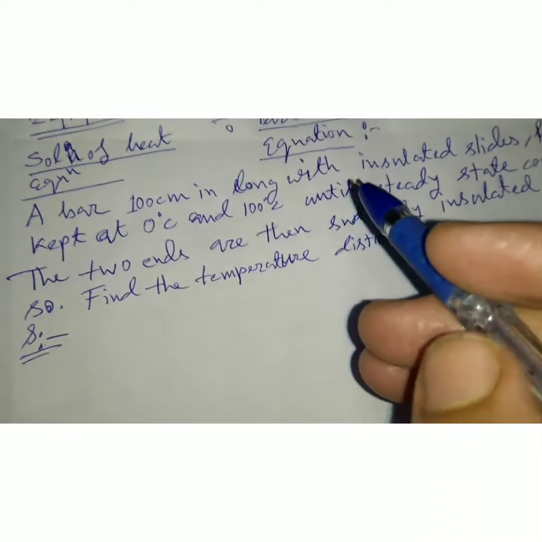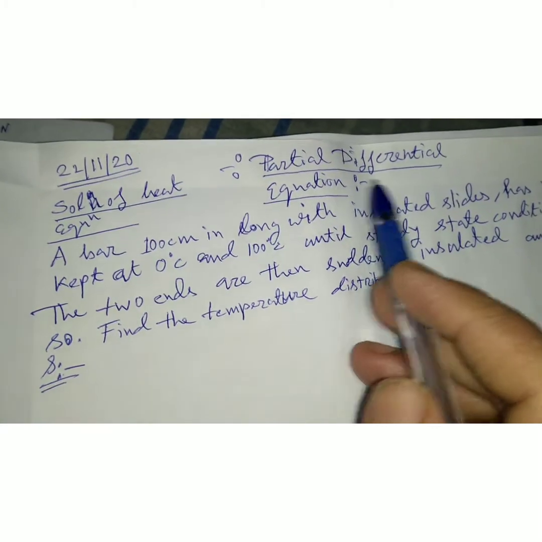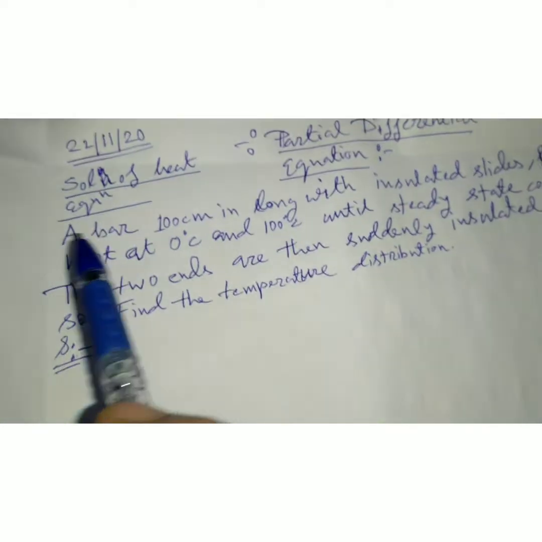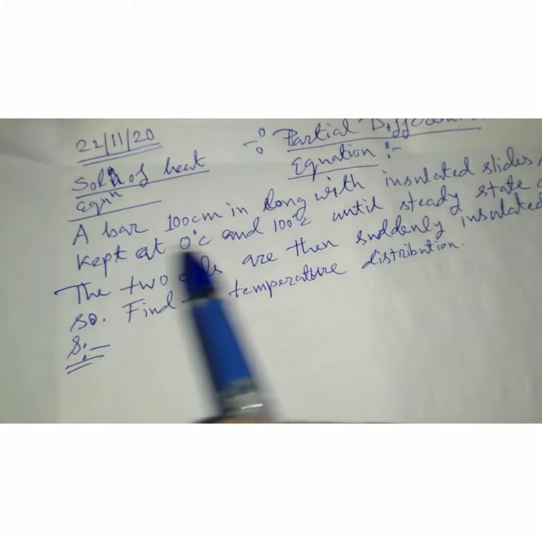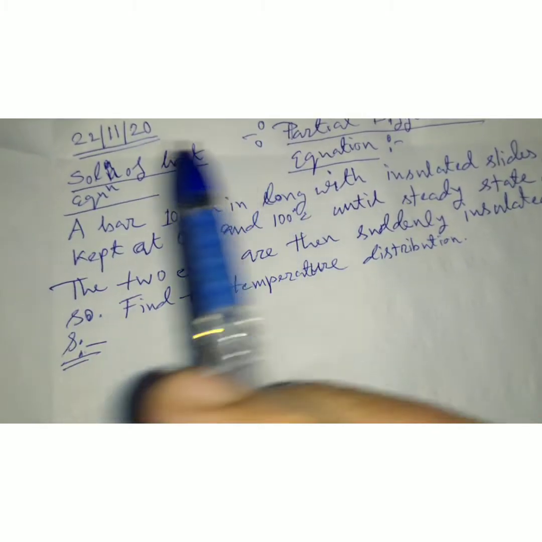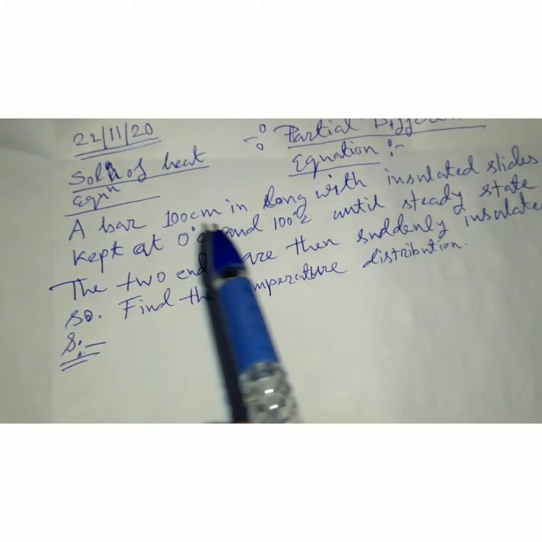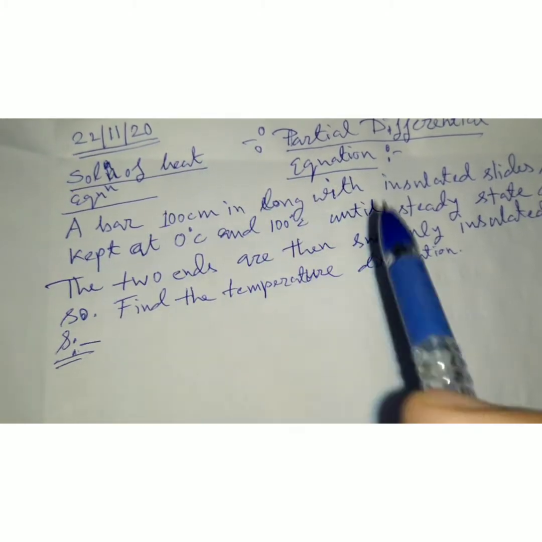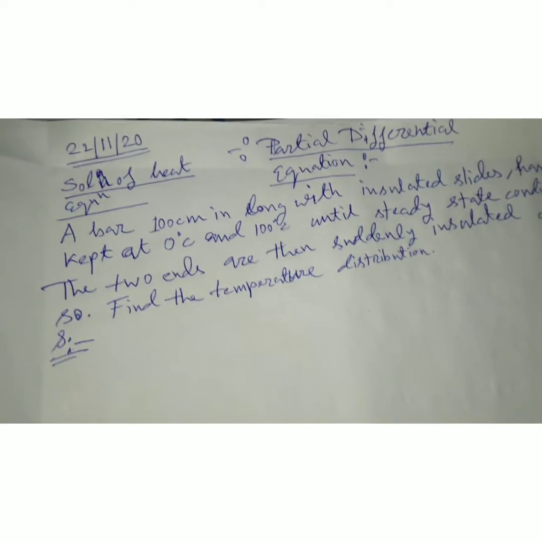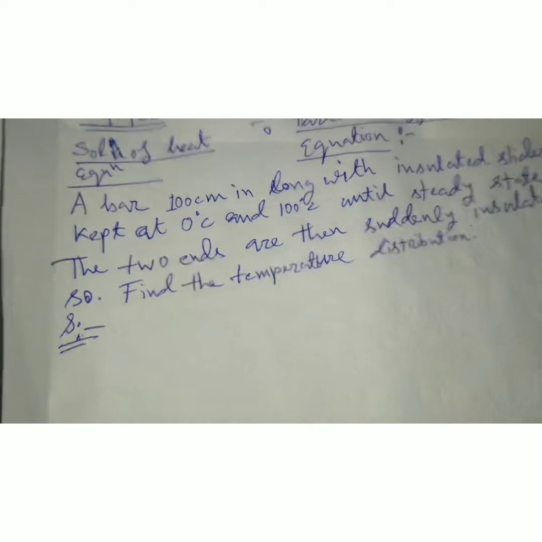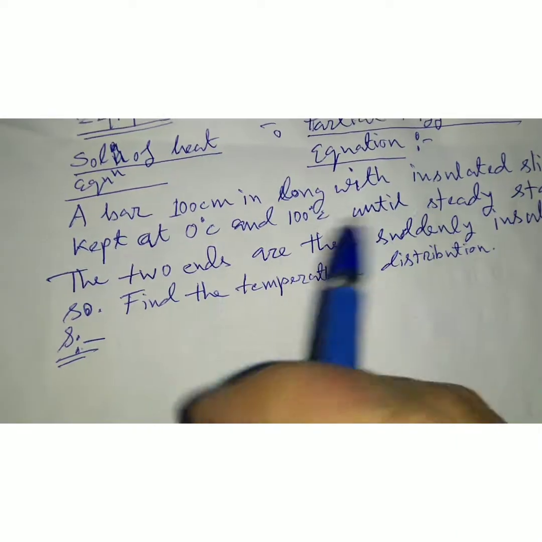Today I want to discuss partial differential equations, the solution of the heat equation. I need to read this problem carefully; if I read it carefully, then I can solve it.